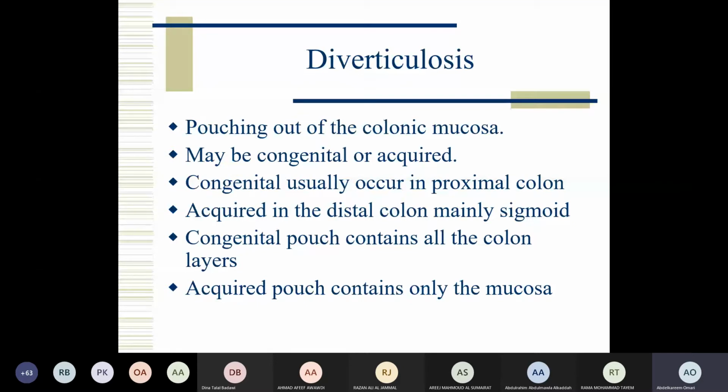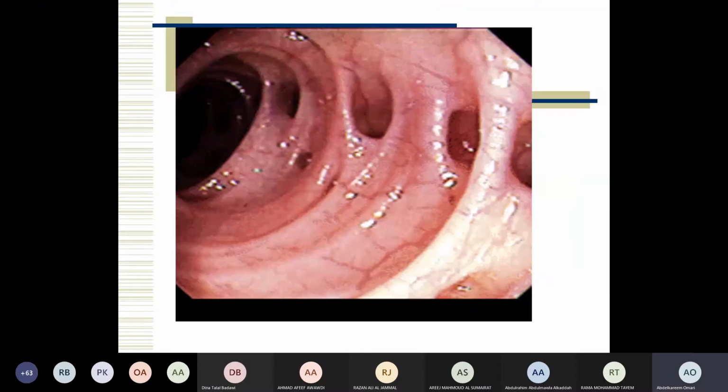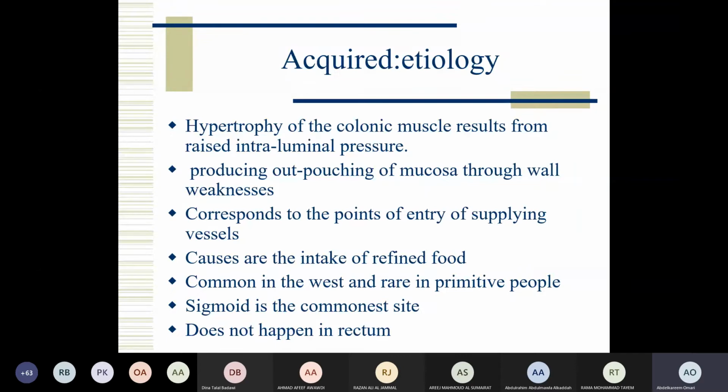This is the rectosigmoid junction. And usually diseases happen all the time in the junctions, of course, because everything will change from up to down. Now the arterial supply, shabab, of the colon, it pierces the wall of the colon in order to supply the colon mucosa. This is a very important step.